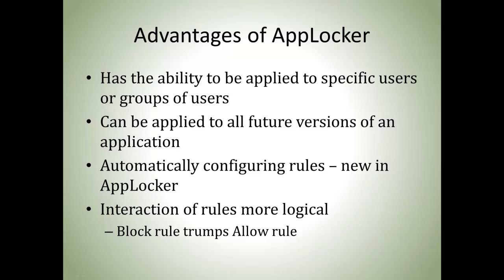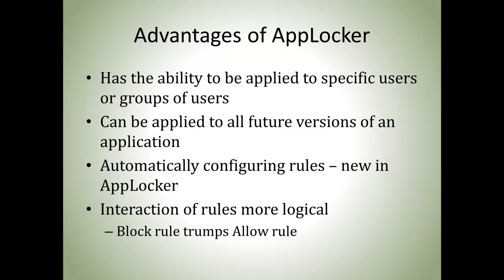The first is it does have the ability to be applied to specific users or groups of users. This is a little bit different than the way software restriction policies function. It can be applied to all future versions of an application. This is not the case in all the rules that are out there, but it does have that ability, which puts it way above what software restriction policies can do.